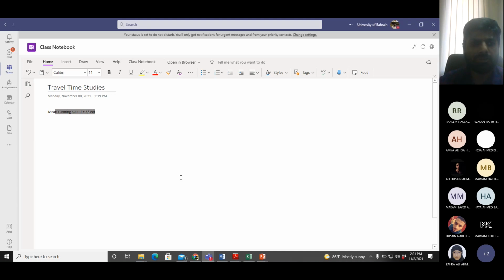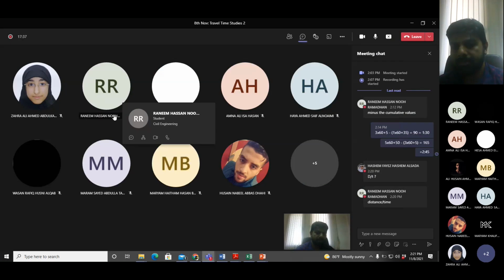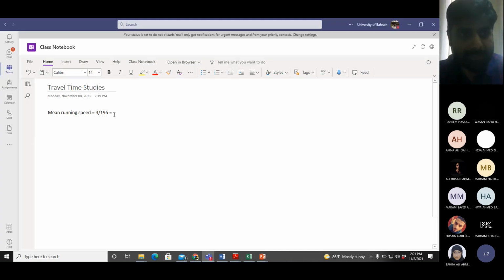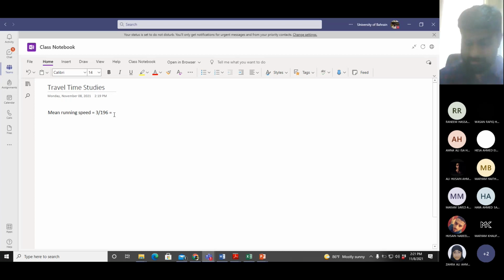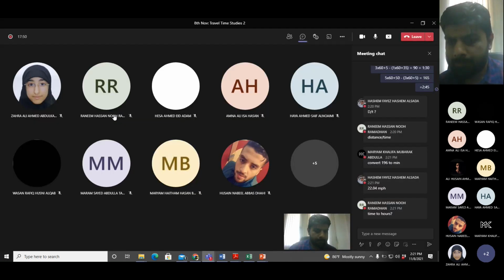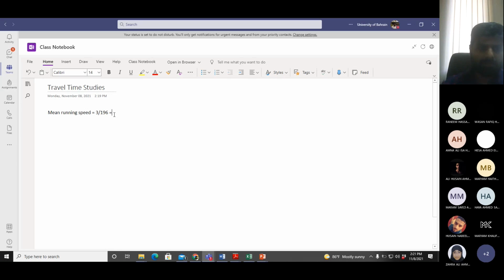Anything missing here? Should I do something with it, or is just 3 upon 196 the mean running speed? Am I missing something here? Yes, you convert the time to hours, so it will be 3600.